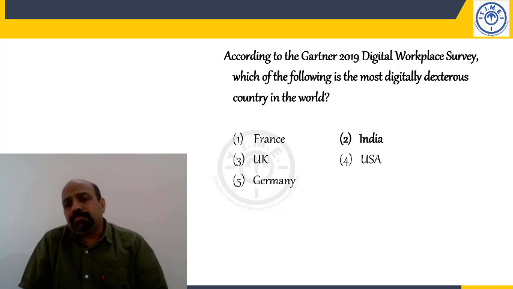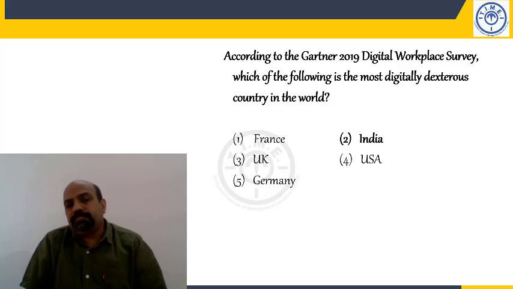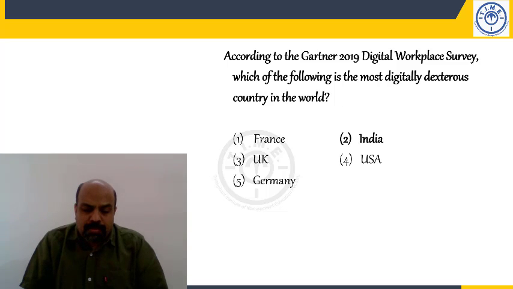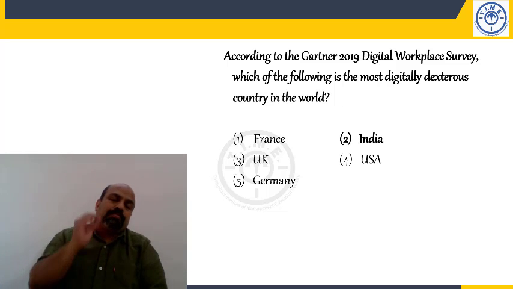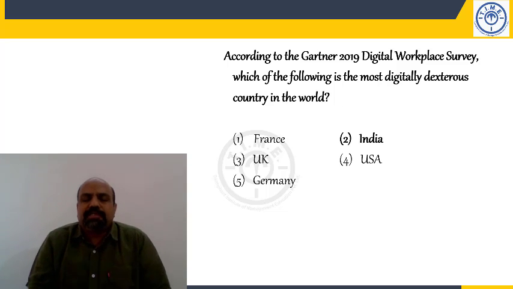Yeah. So if you want to write one line, you could write: digitally dexterous, focus on machine learning, artificial intelligence and Internet of Things.